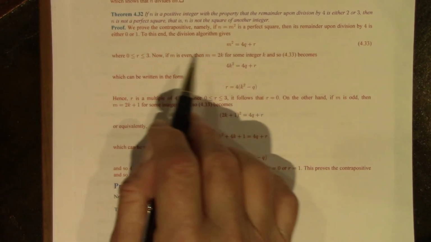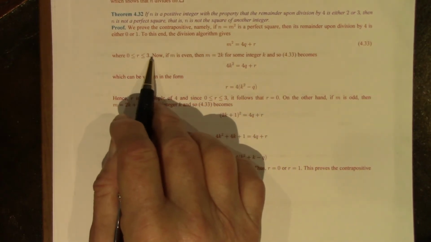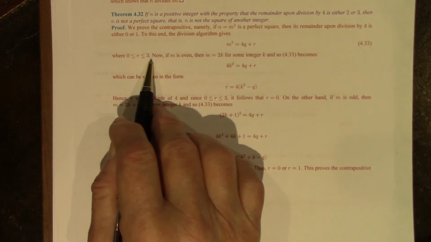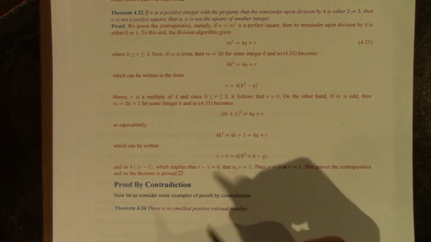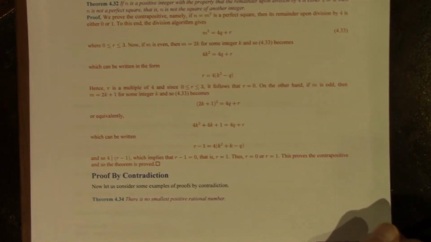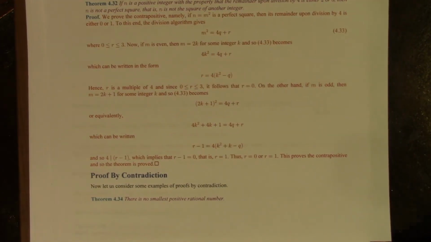I could have set this up a little differently. At this point, I could have said, we consider two cases. Case 1, m is even. Case 2, m is odd. Actually, that might not have been a bad idea as you learn to construct proofs. This is simple enough that each case is a sentence or two. You probably don't need to set them out with headings called case 1 and case 2.